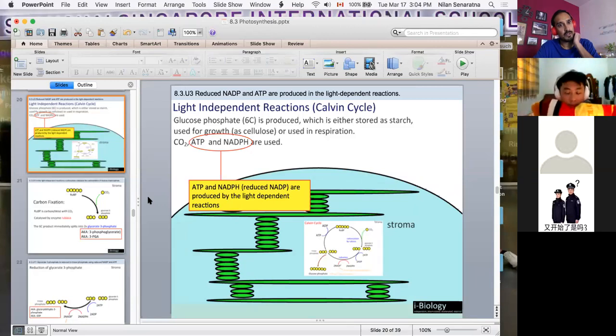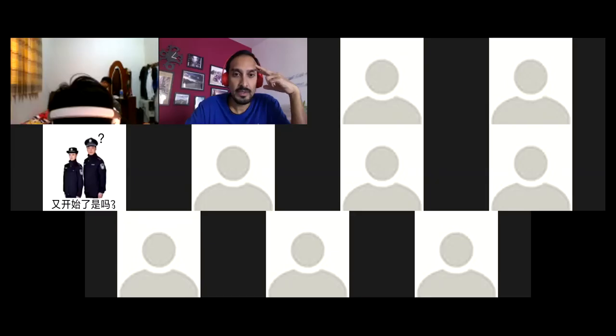I thought there was another name, maybe carbon cycle, carbon fixation, something like that. Anyway, there are many names that you might find for this process, but we're going to call it the Calvin cycle, okay? Because Calvin was the guy who discovered this. So let's go to this one.